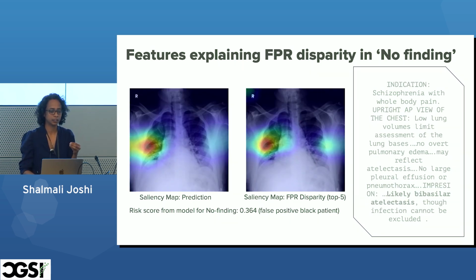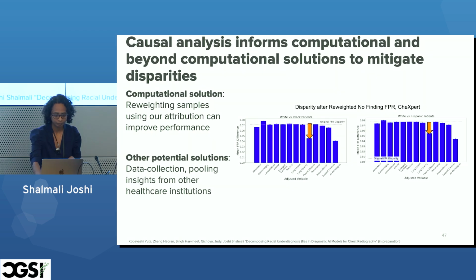The point of this is that you can use different solutions to fix the disparity in pleural effusion than you would for no finding. Because it looks like there's a spurious correlation that's being picked up in pleural effusion, but something else is happening that may be improved by better label extractors for the no finding case.